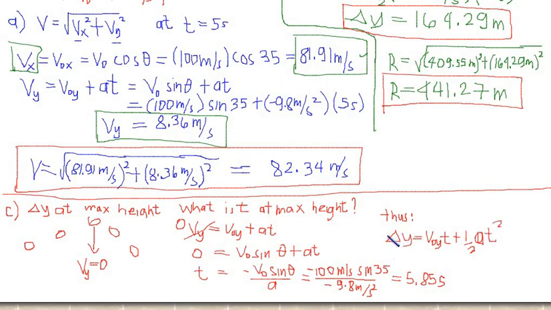Okay, so now that we know the time at maximum height, we can solve for the maximum height reached by the ball. I will leave that to you as an exercise. Solve for delta y, which is the delta y at maximum height.